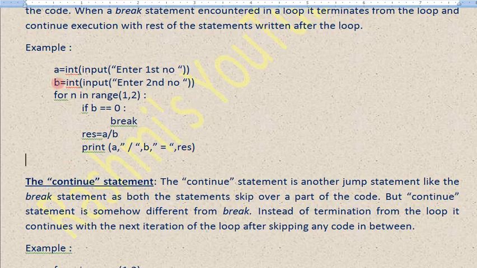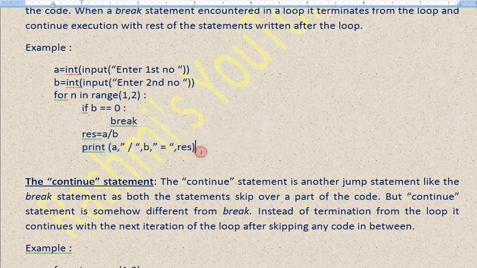Otherwise, if I give B a non-zero value, it will execute A divided by B, and the result will be stored in the variable res. Then we print A slash B equal to result.